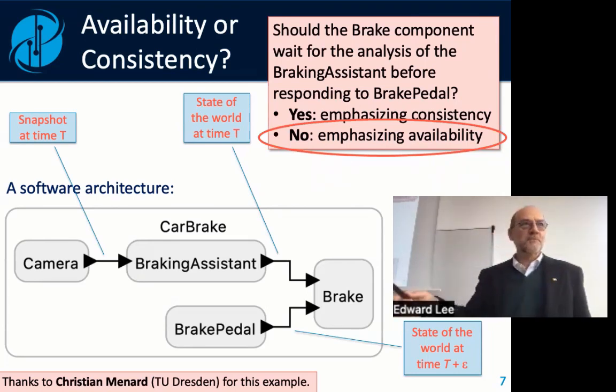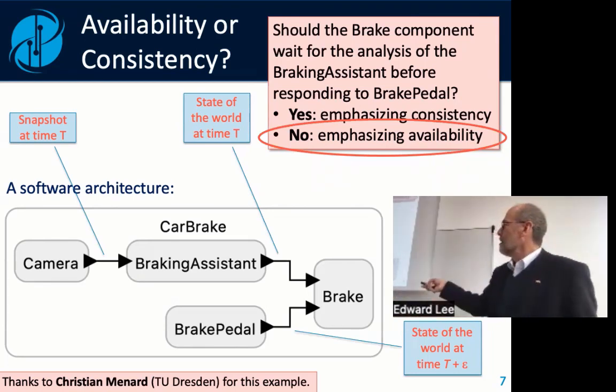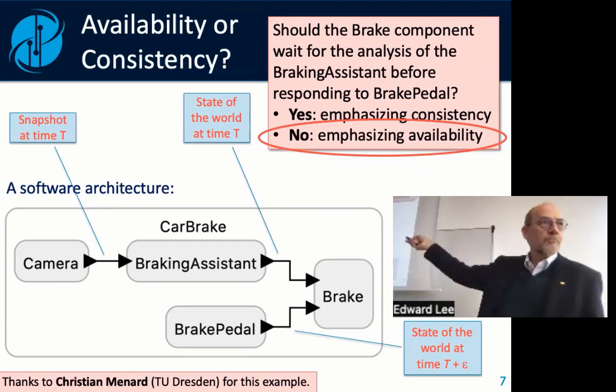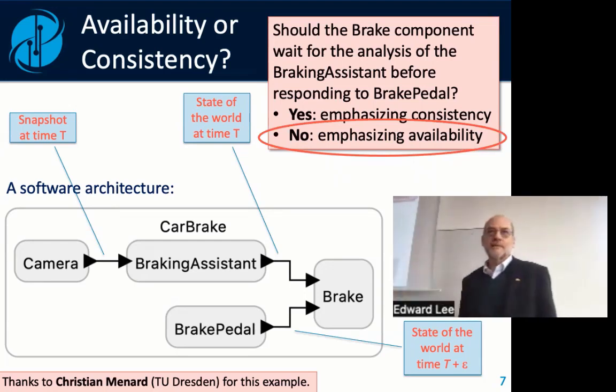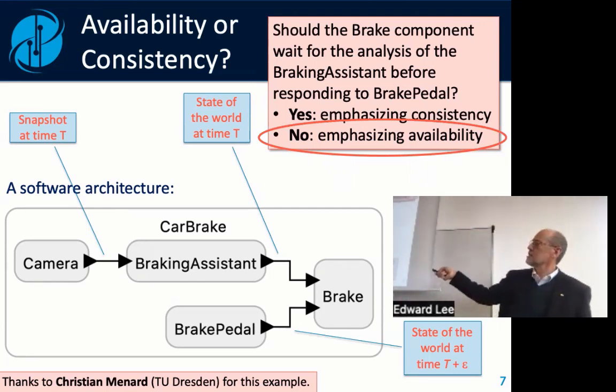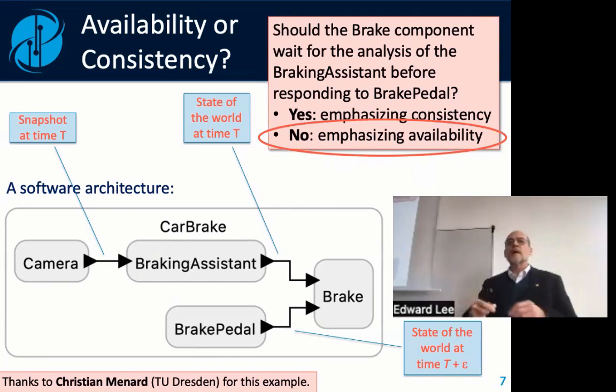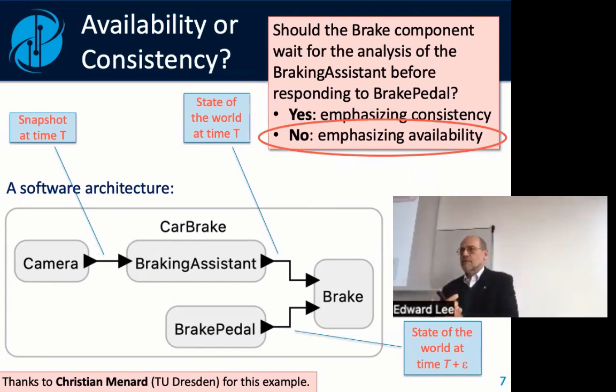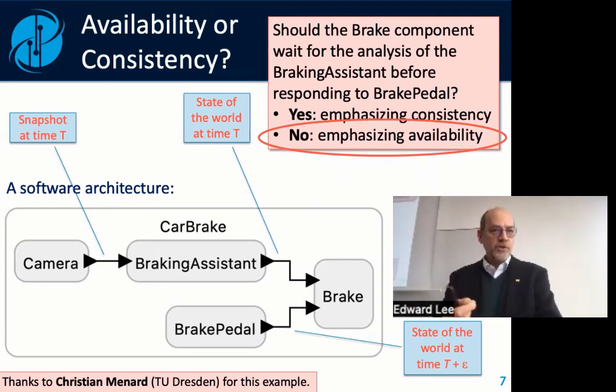So a software system couldn't possibly know that, yes, you really want to go ahead and process this event, even though it is logically in the future compared to the event that you still haven't seen. So another way to think about it is that you want the braking system in this case to process information about the physical world out of order, because you want it to be highly available, particularly to this pressing of the brake pedal.